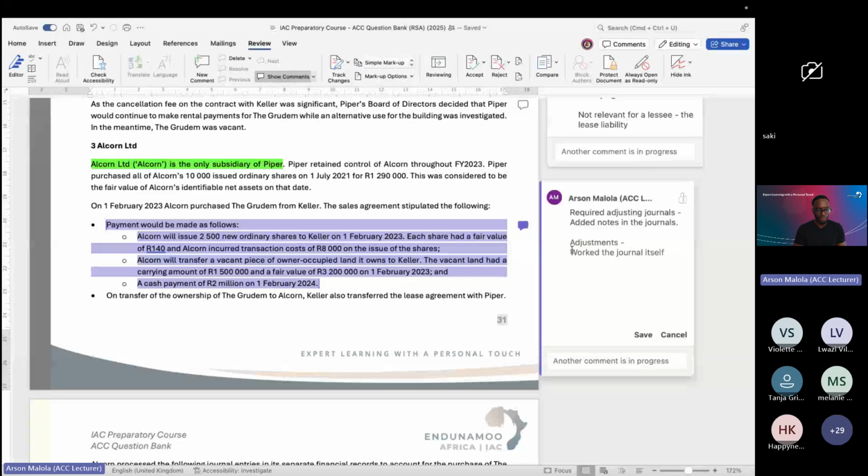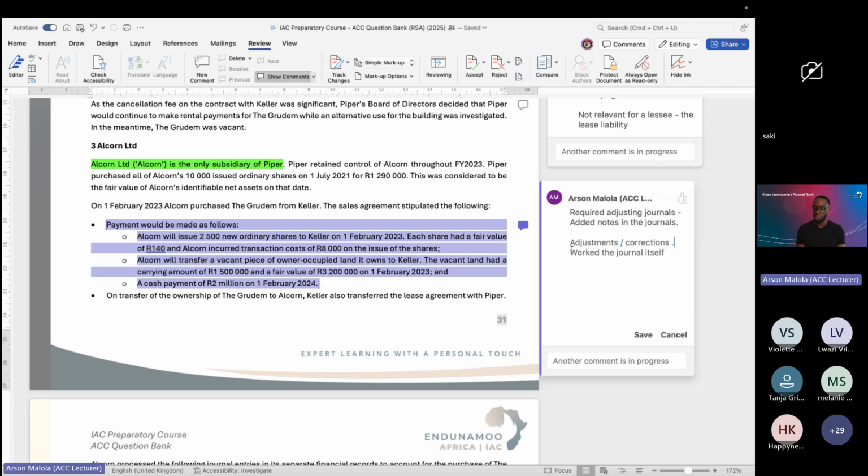So first things first, using the context from the required is very important, and I completely agree with that. I did it with the separate piece, and Tanya just did it with the adjusting journals. Tanya picked up that we're going to need to adjust for a few things.